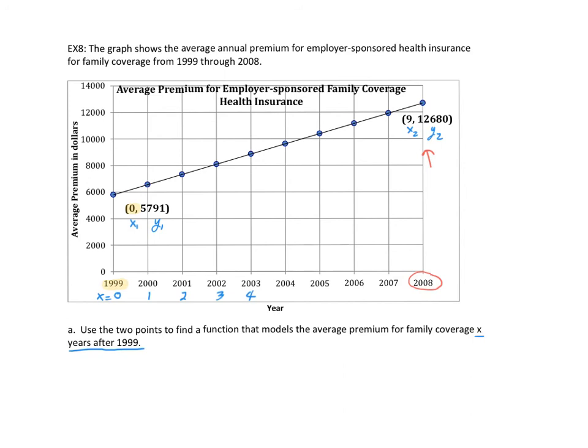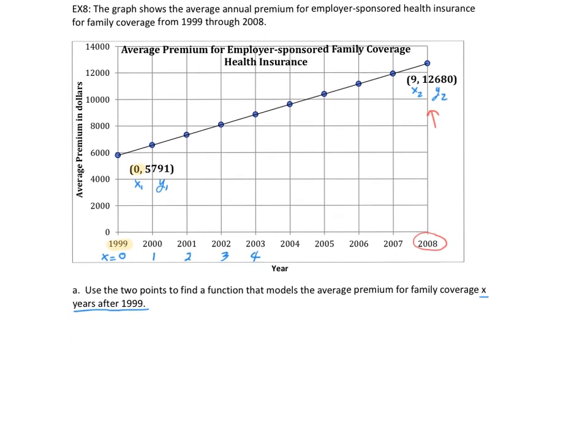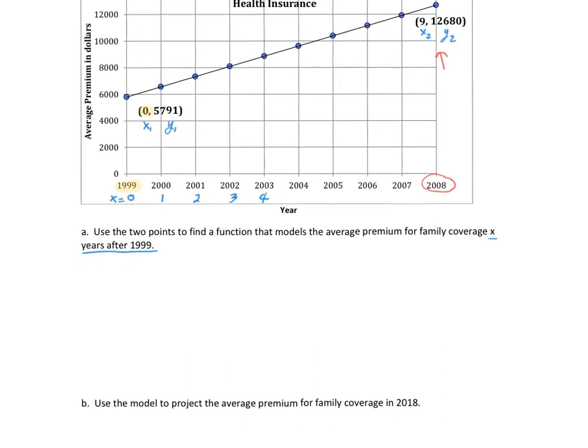So part A says we're going to use the 2 points to find a function that models the average premium for family coverage. Since we're finding a function or an equation, remember a function's just an equation. And our graph is a line. I'm looking at a linear function, which tells me I'm doing y is equal to mx plus b.